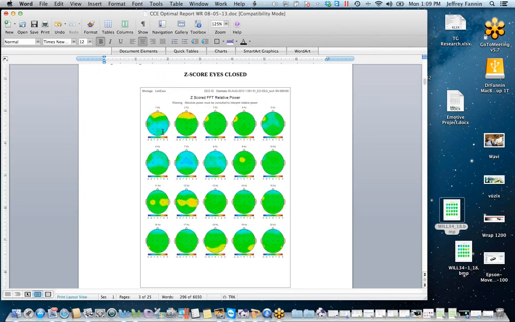As we look at this first group and we see some delta up here in the front, I have to ask a couple of questions to eliminate a couple of things. When we see frontal delta like this, sometimes that's what we call low frequency, 1 and 2 hertz, high arousal.